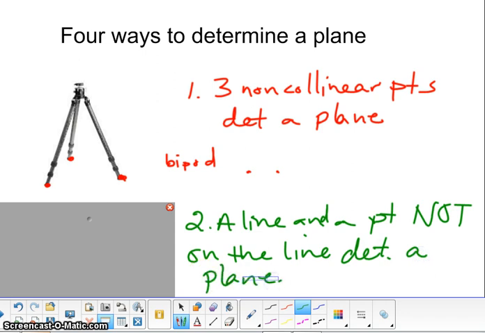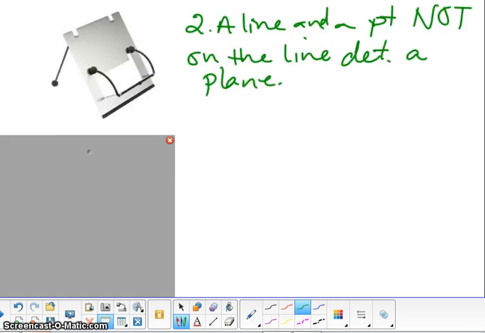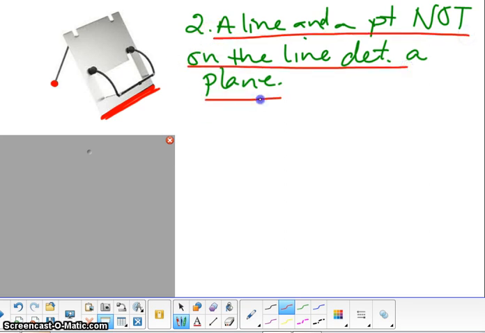Sorry about that. The example I have here is something you may also have seen before, and that is a recipe holder, or even one to hold music. You can see that the 1 point right here is not on the line, and then here is the line. The only way they can stand as they do is because those 2 are on the same plane, or the counter in your kitchen. So if you can get a line and a point not on the line, that's also going to determine a plane.